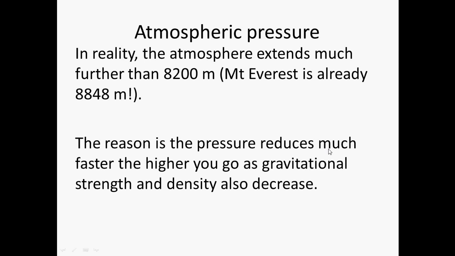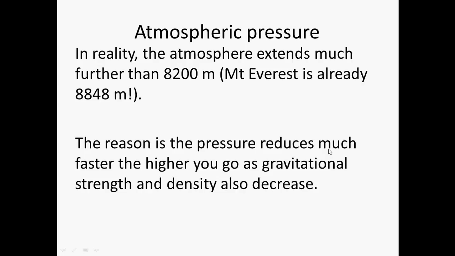As we know, Mount Everest is already 8,848 meters. So what's the reason? The reason is that pressure reduces much faster the higher you go, as the gravitational field strength as well as the density also decrease. As you remember, the formula is H rho G. H decreases, rho decreases, G decreases.